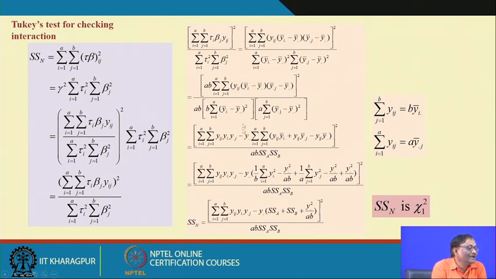So, if you put these in the numerator, you get yij, yi dot and y dot j, minus yi dot, and this quantity. This is basically just all those summation terms.